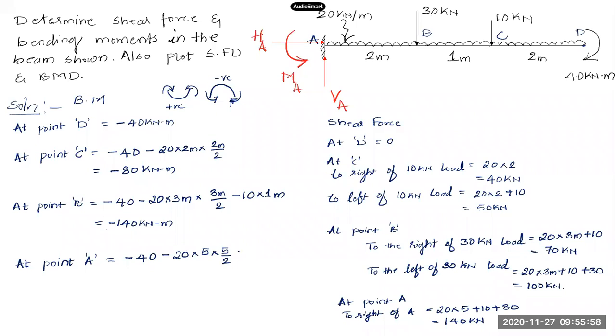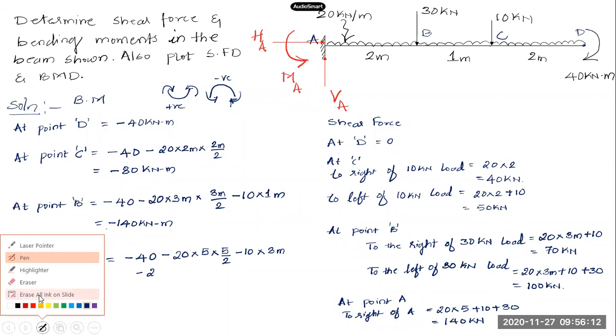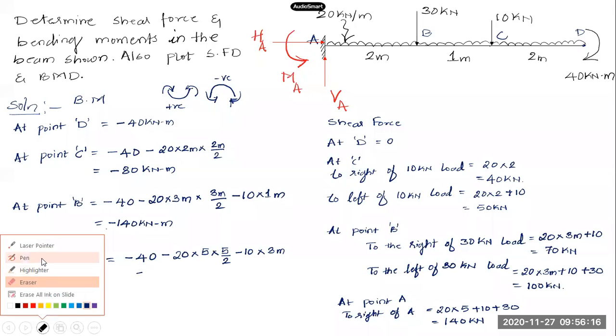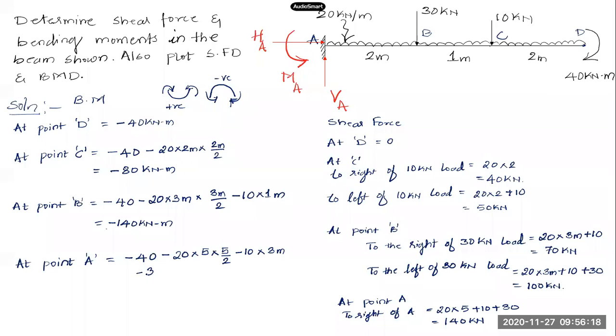Minus 10 into what distance? It is 3 meters. And minus 30 kilonewton into 2 meters.